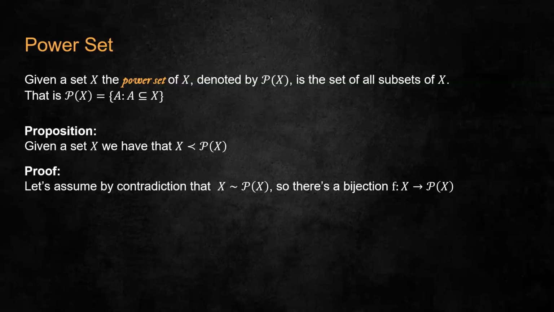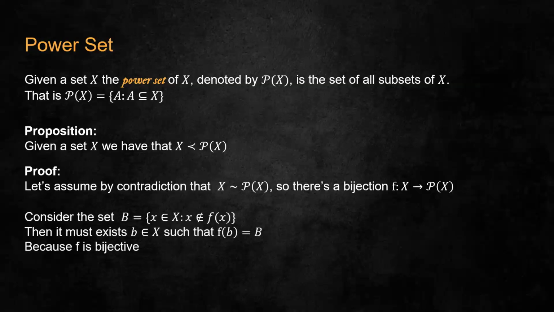We need something that will negate. So I'm going to consider the set B of all elements that do not belong to their image. We know that f is a bijection. That's the assumption. So there exists some element b such that f of b equals big B.